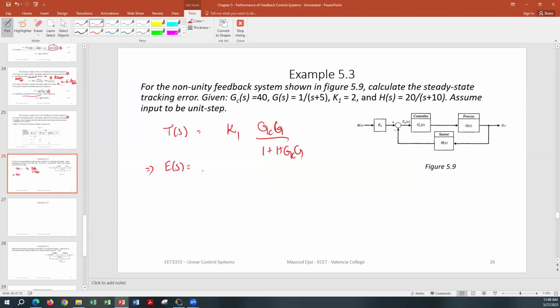Error is R(s) minus Y(s), which is equal to 1 minus T(s) times R(s).